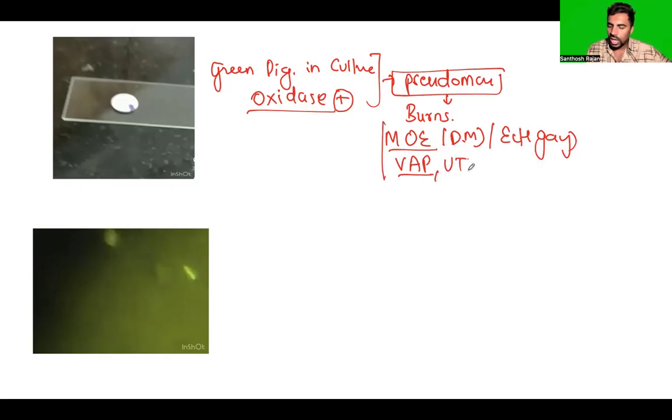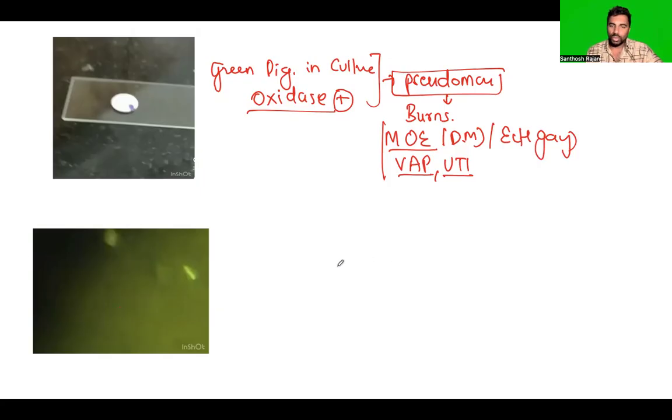It can cause UTI, anything they can give you, and give you this oxidase positive. You should see the history also, it's mostly Pseudomonas only. Okay, fine. It can be possibly Vibrio and other bacteria also, but for this history of burns, diabetes, malignant otitis externa, ecthyma gangrenosum, VAP and all, you'll think about Pseudomonas.